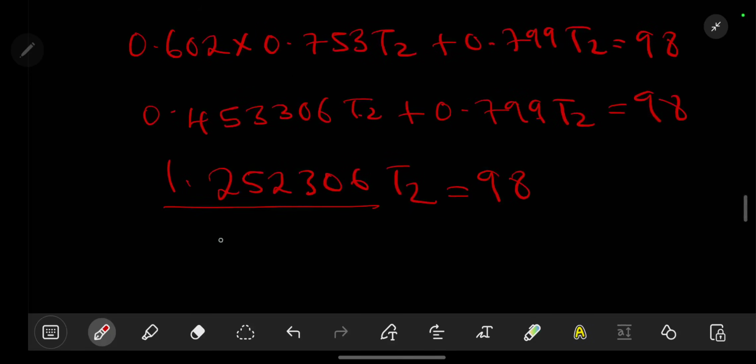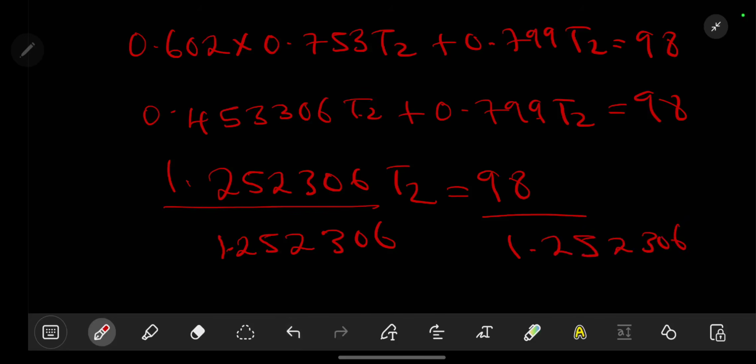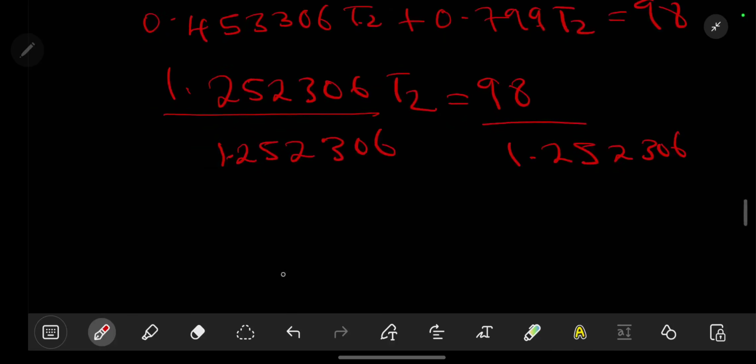Then let's divide this value. When we divide this, we are going to get T2 to be equal to 78.26 newtons.